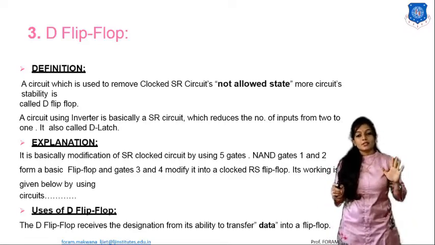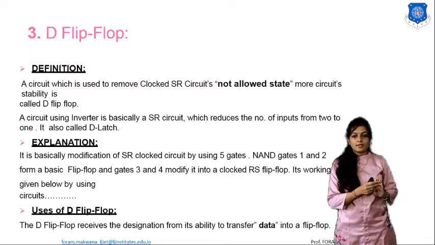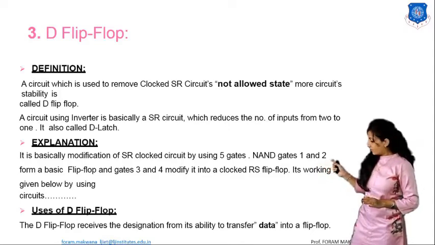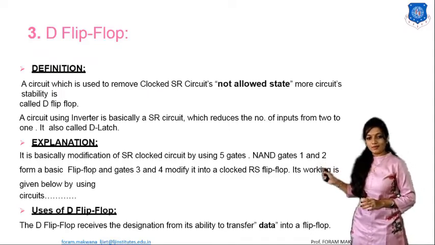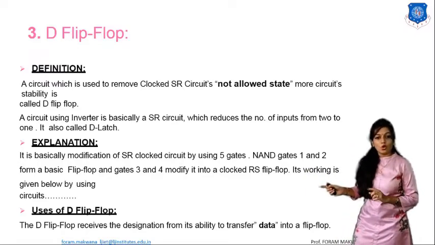So it basically consists of 5 gates. See, 4 are the NAND gates that we have discussed for the clocked SR, and the other one is the NOT gate. So it requires 5 gates, right? So NAND gates 1 and 2 form a basic flip-flop. 3 and 4 modify it to the clocked RS flip-flop.